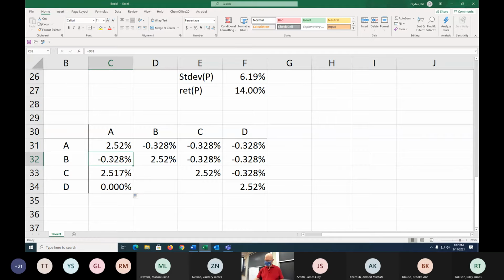Oh, I see what I did. My fault. There we go. All right, I'm full up now, I think. Okay, so every place I have a variance term, it says 252. Every place I have a covariance term, it says negative 328, right?